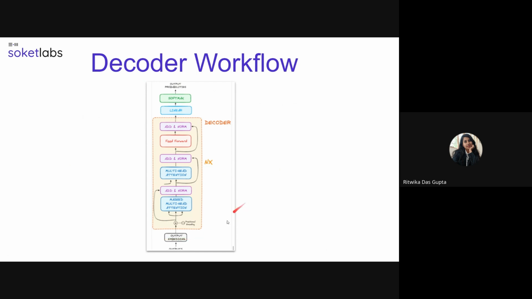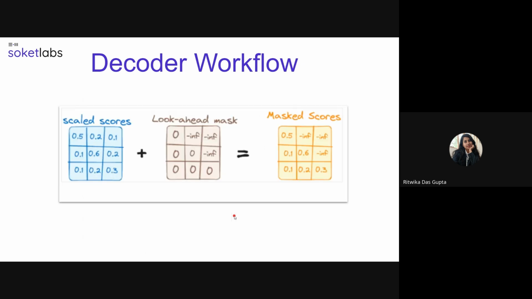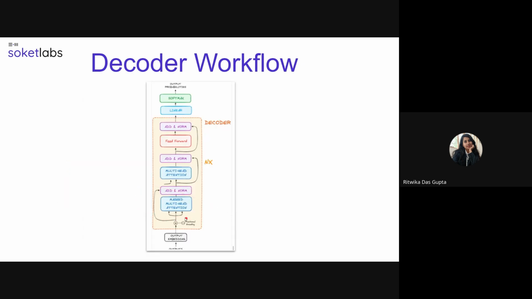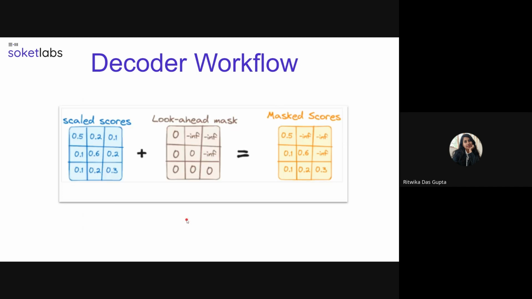In the decoder also, the first part is almost similar to the encoder: the output embedding, positional encodings and so on. Then after the positional encoding, we do the masked multi-head attention.